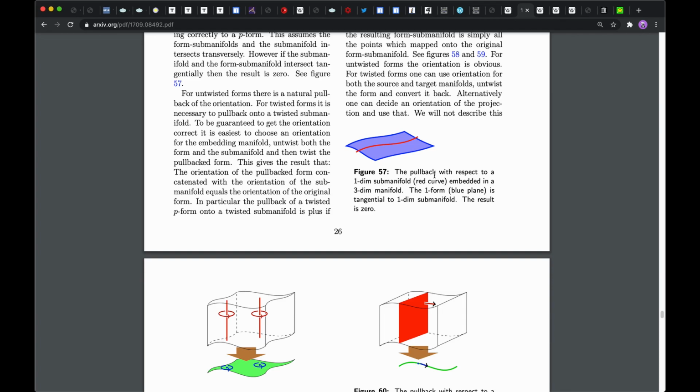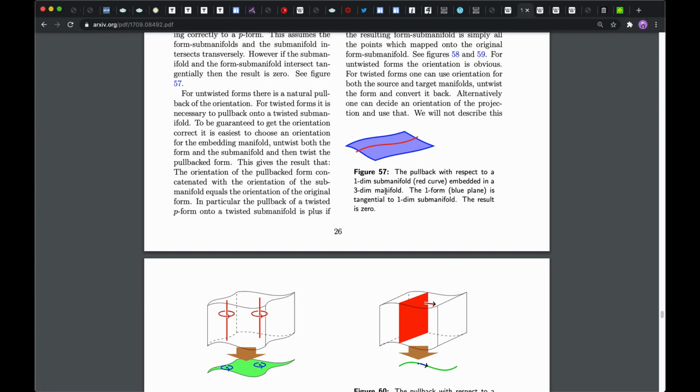Yeah, in figure 57 we have a pullback with respect to the one-dimensional submanifold, which is the red curve here, embedded in a three-dimensional manifold, and the one-form blue plane is tangential to the one-dimensional submanifold, and therefore the pullback will be collapsed here to 0, because those tangential points could not be part of our intersection.